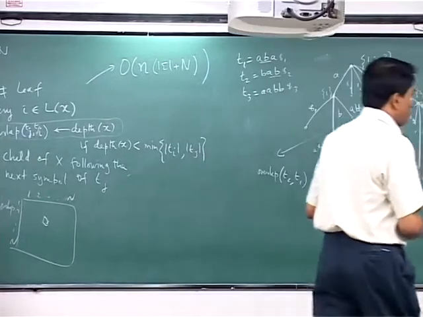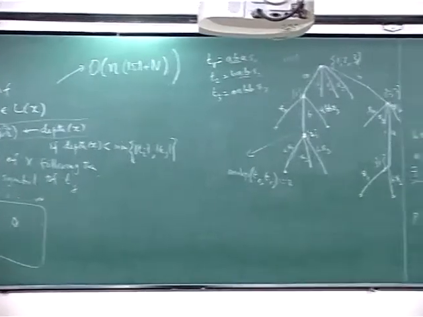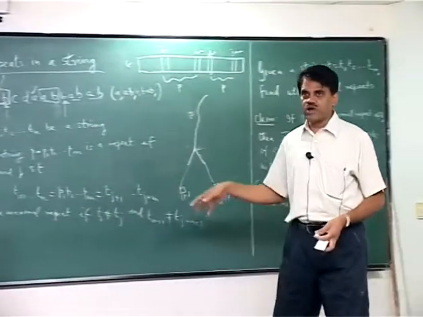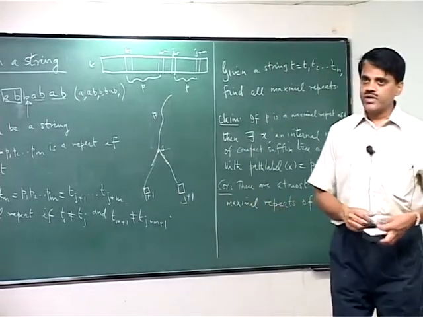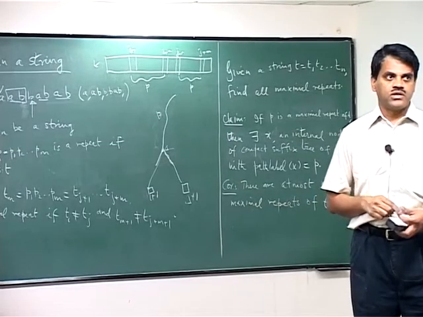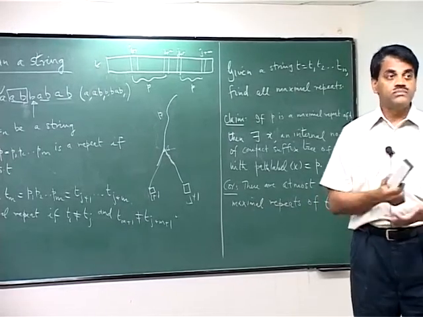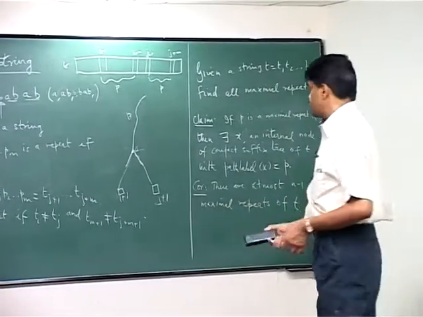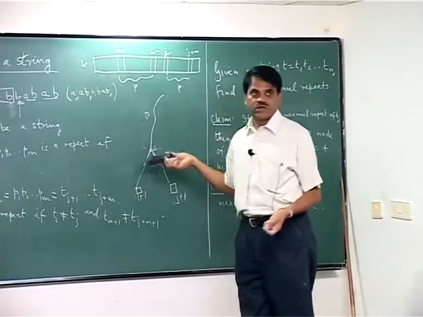So should I just output every internal node as a maximal repeat? I can compute the compact suffix tree. Should I just output every internal node as a maximal repeat? Hmm? Well, there is branching here. That's what an internal node means.